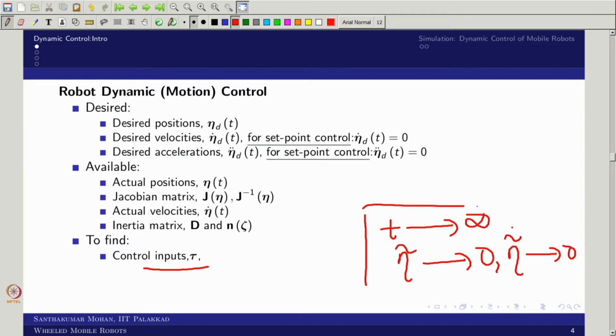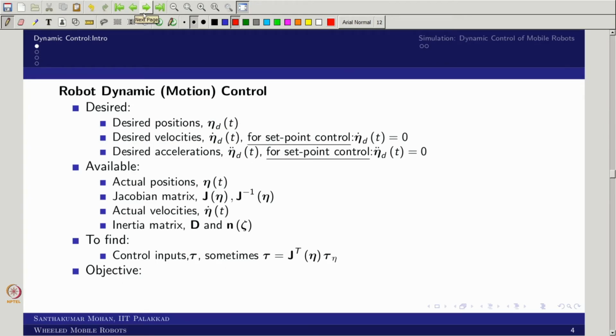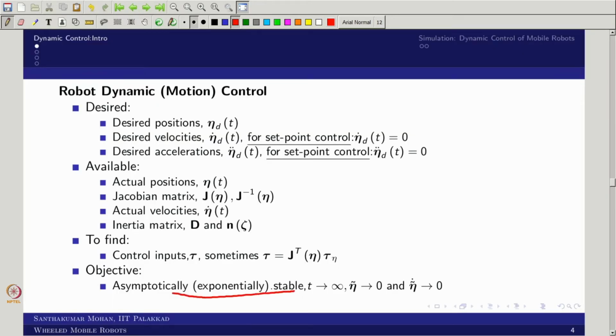This is your objective, and to fulfill it we will take it as the objective. What we want is asymptotic stability. In this case, sometimes we may try to write this tau eta straight away, and then apply J transpose of tau eta as tau.